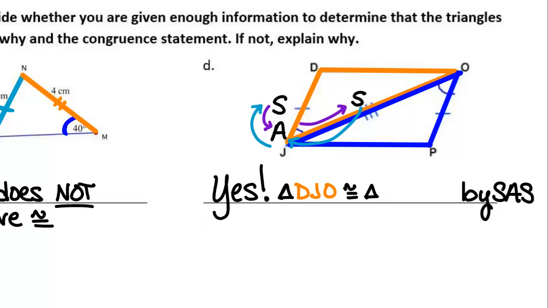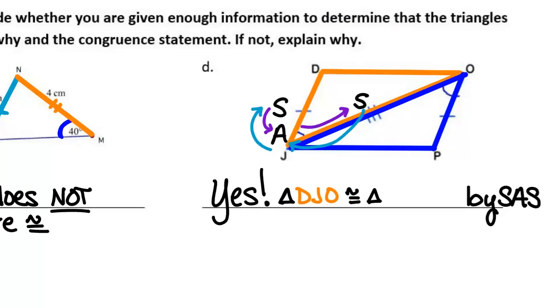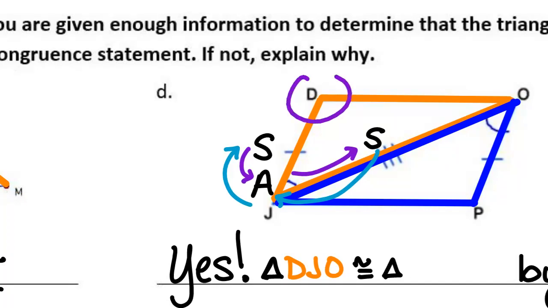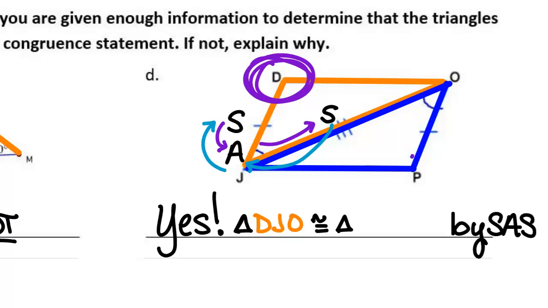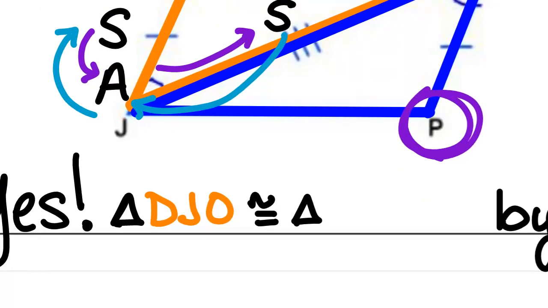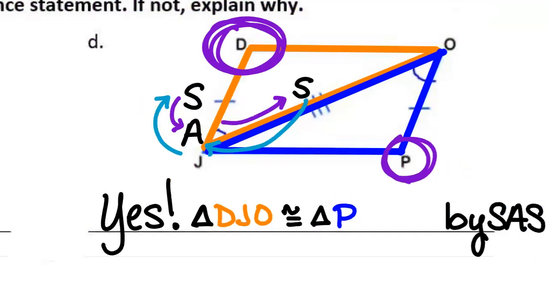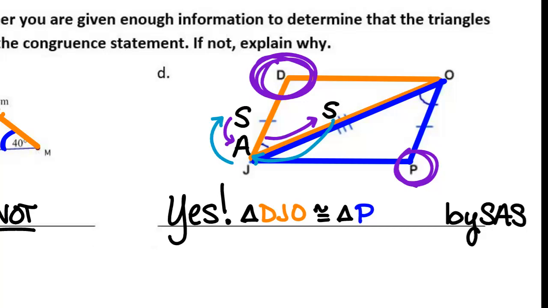So I have to make sure that I'm matching up my corresponding congruent parts. Something that I notice is that angle D, what we started off with, is not touching the shared side. So when I go to write my other triangle statement, I need to choose the angle that's not touching this shared side, which would be which angle? Angle P. So I have to start my other triangle congruence statement with P. All right, let's pay attention to our order.